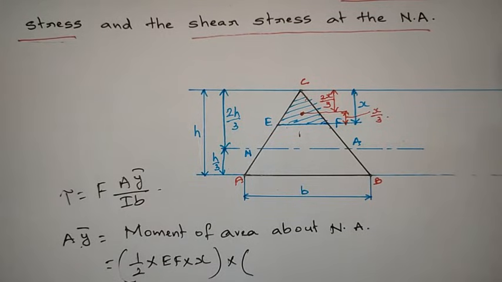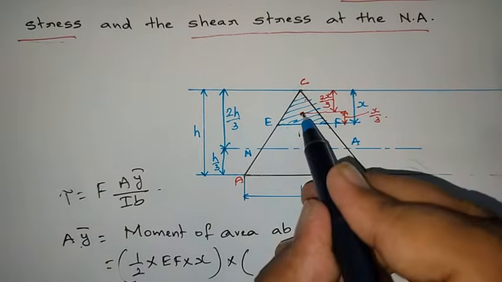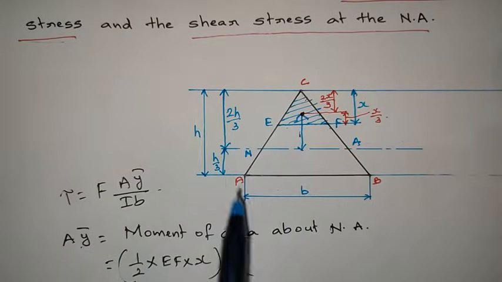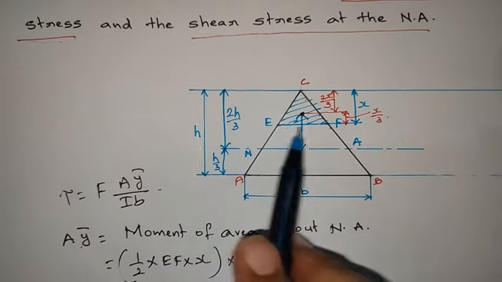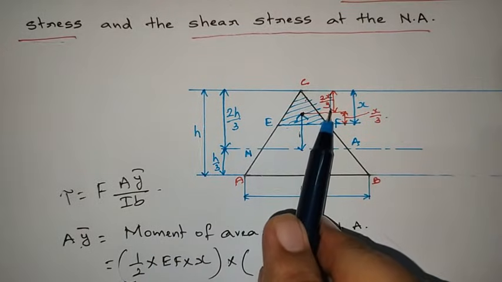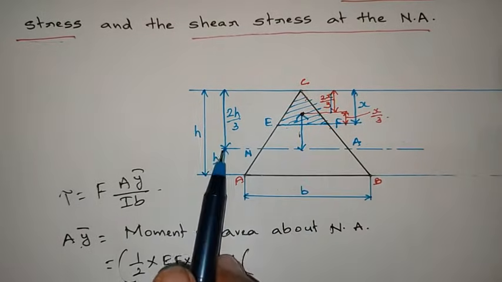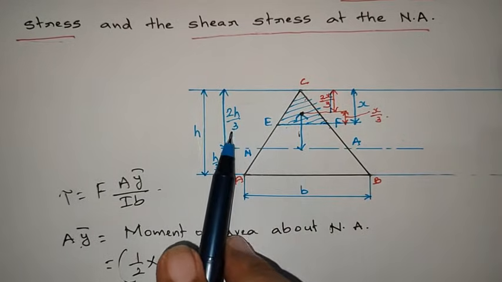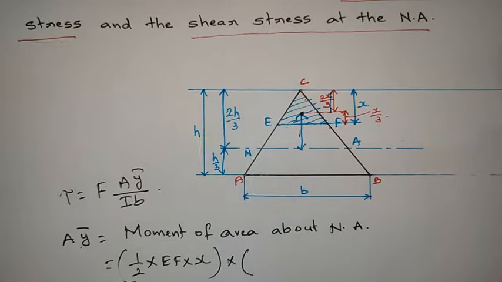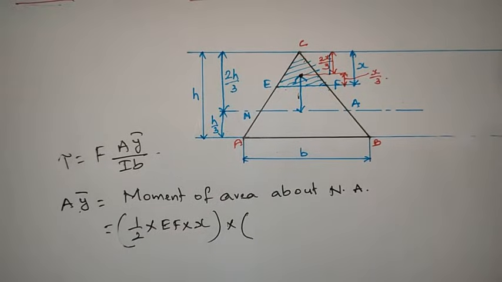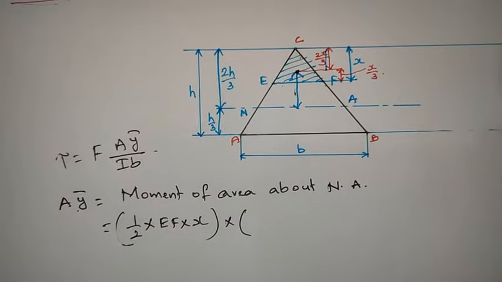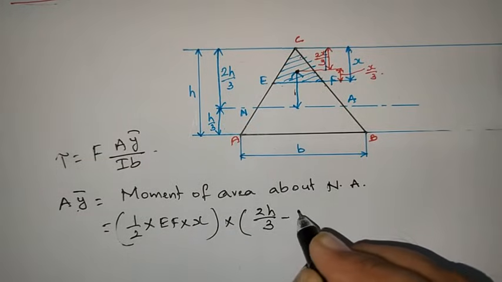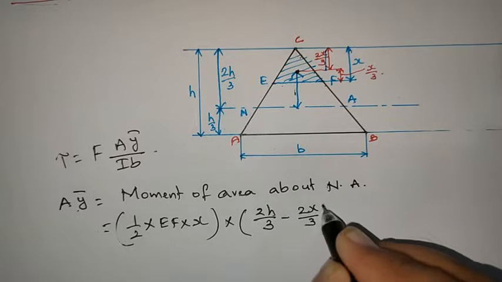So the distance of this centroid from the neutral axis. I require this one. So total is 2h by 3 and this one is 2x by 3. సో టోటల్లో నుంచి ఈ కొంచెం తీసేస్తే నాకు ఈ రిమైనింగ్ వస్తుందా? So 2h by 3 minus 2x by 3. So write that y bar value is 2h by 3 minus 2x by 3.